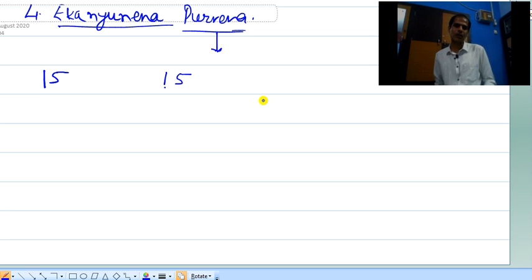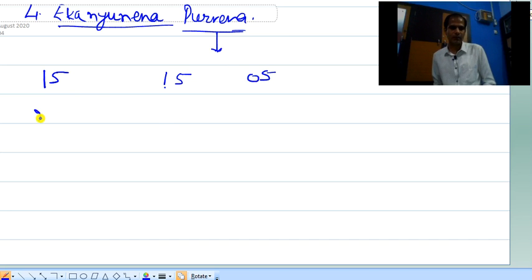Remember this thing. In this way 5 will be as it is and Eka Nunend of 1 is 0. So we can say Eka Nunend Purvand of 15 is 05.